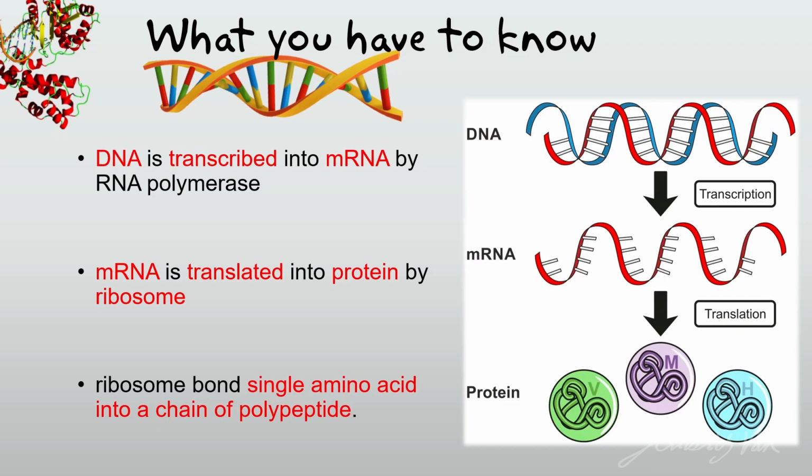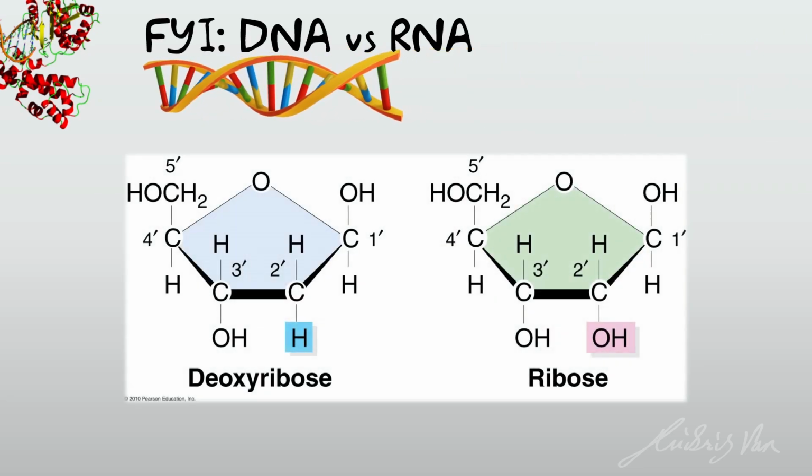Other than that, if you really want to know the difference between DNA and mRNA, you can see that DNA is double-stranded. And as mentioned earlier, the base thymine, T, is replaced by the base uracil, U. And the last significant difference between DNA and RNA is the sugar. The sugar in DNA is deoxyribose sugar.